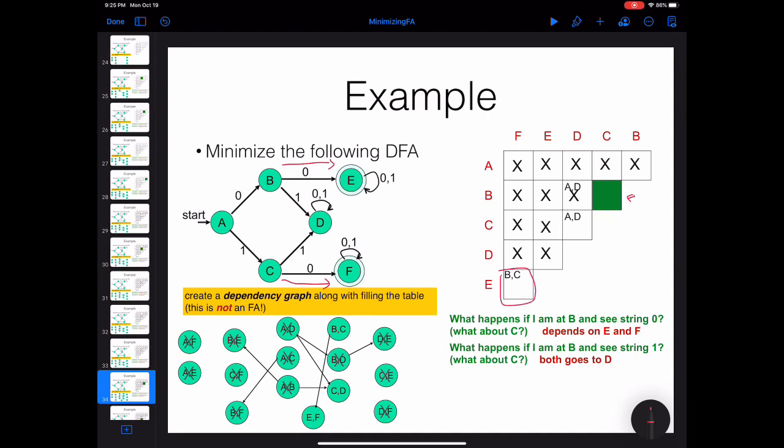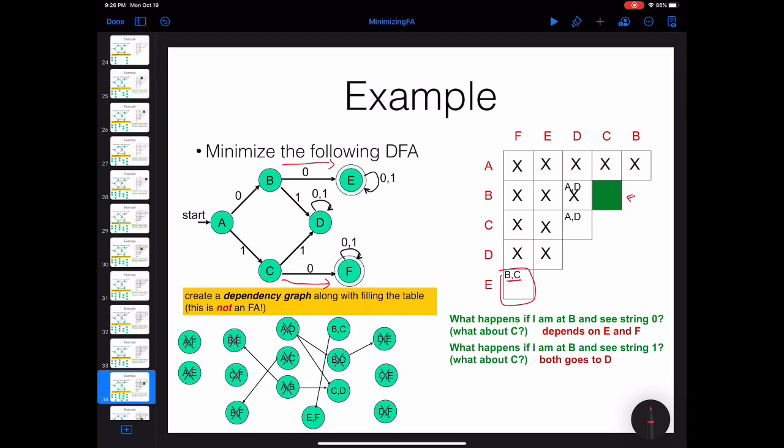I don't know anything. I haven't actually reached this cell yet. I'm still in the second row. So I still don't know about this, but I can just go and write down that dependency here, right? So I need to keep these dependencies that I have learned, that the equivalency of B and C is going to depend on E and F. And whenever I learn about E and F, I will just go and update B and C as well.